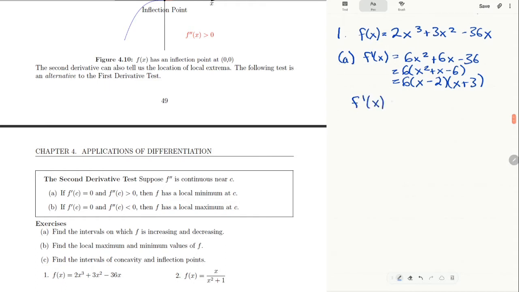So we'll set f prime of x equal to 0 and then solve for x. So the critical numbers occur when 6 times x minus 2 times x plus 3 is equal to 0. Solving for x, we get positive 2 and negative 3. So these are our critical numbers.